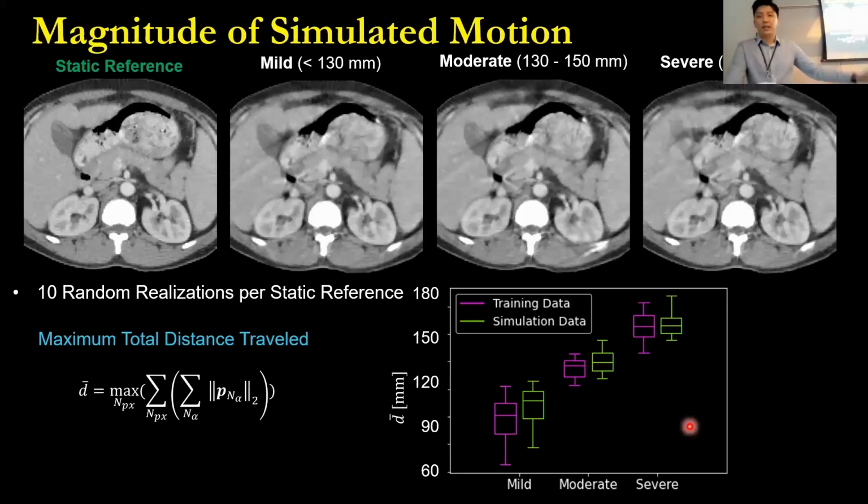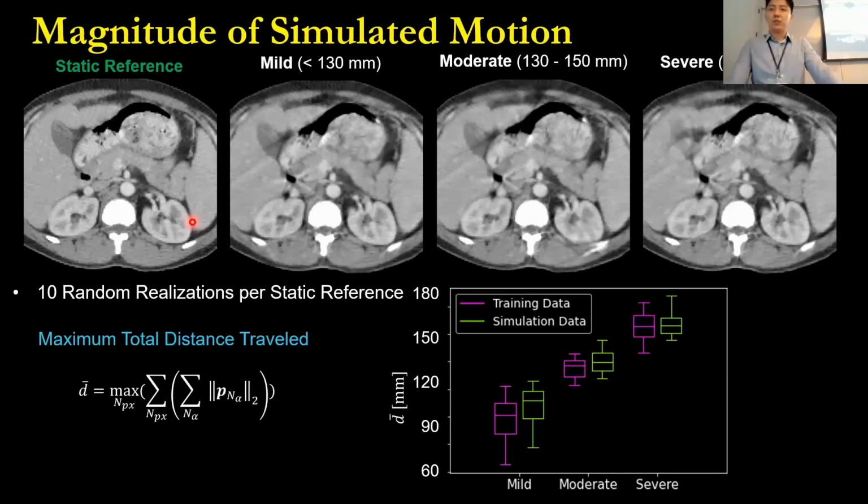So please take a look at our simulation results. On the left is a static reference, which is the input to our model as a condition. For each static reference, we run simulations on 10 different random perturbations, and for analysis purposes, we stratify our network generated simulations as well as our training data into 3 categories of mild, moderate, and severe motion.